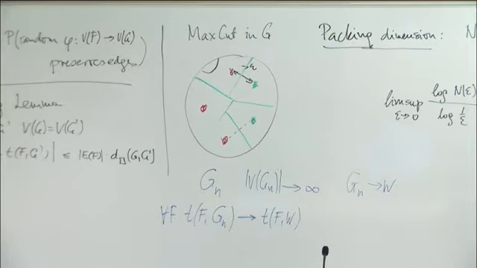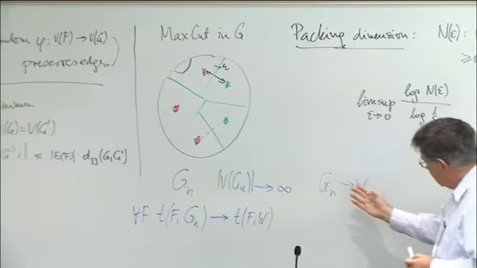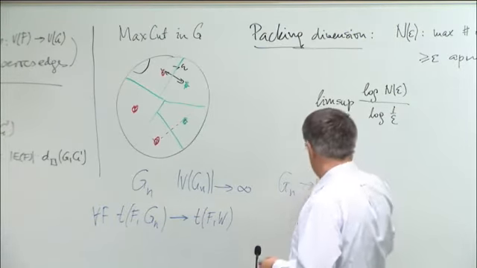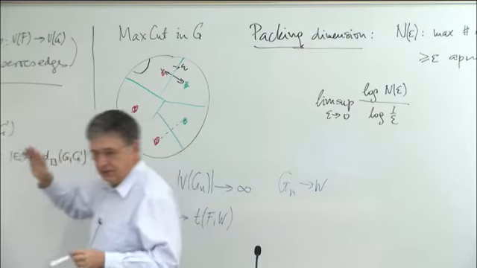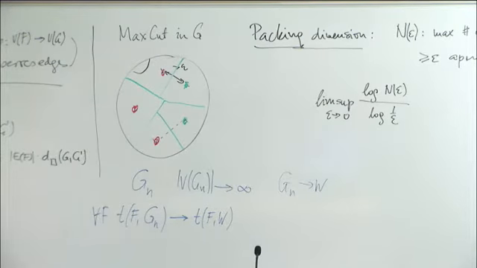And moreover, it's not only that these densities tend to the W, but max cuts and all sorts of things. So the Gn, a very large graph, can be very well approximated by this W, for a convergent sequence.